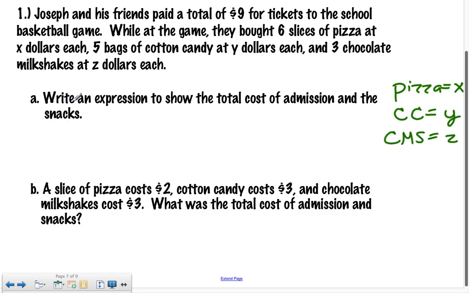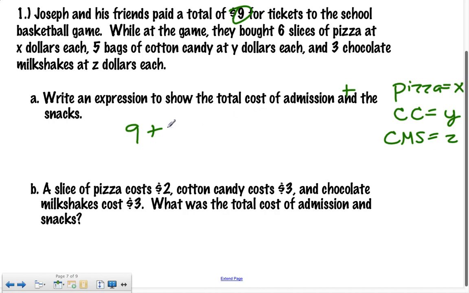So now down here it says write an expression to show the total cost of admission and the snacks. So and means plus. So the total cost of admission was up here, $9, and the snacks. Well, I know he bought 6 slices of pizza, so that's going to be 6 times however much it cost.